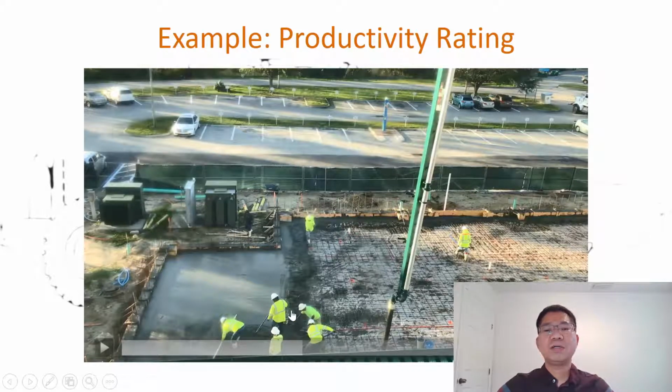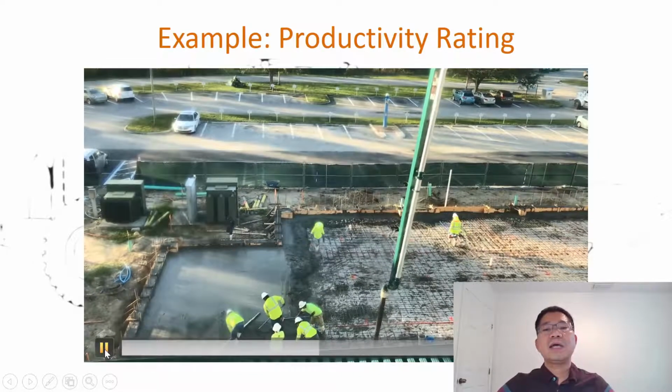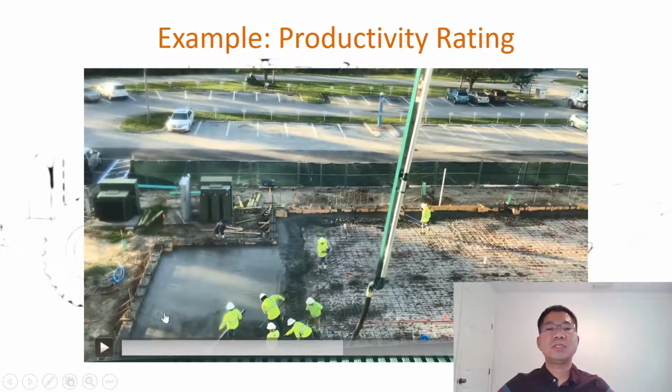Similar for all the other people here. Let's continue to watch. Now at this instant, you can see this one preparing the finishing of the edge of the concrete, so he is productive. This one also works empty-handed, so he is non-productive.